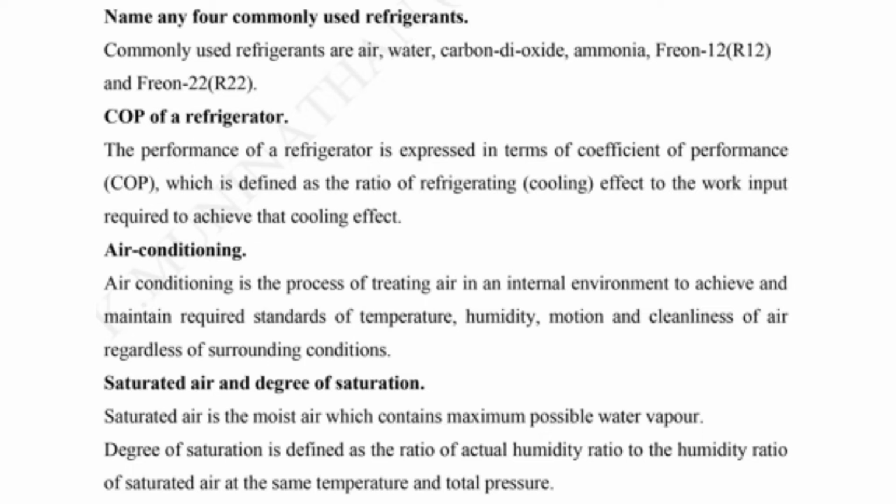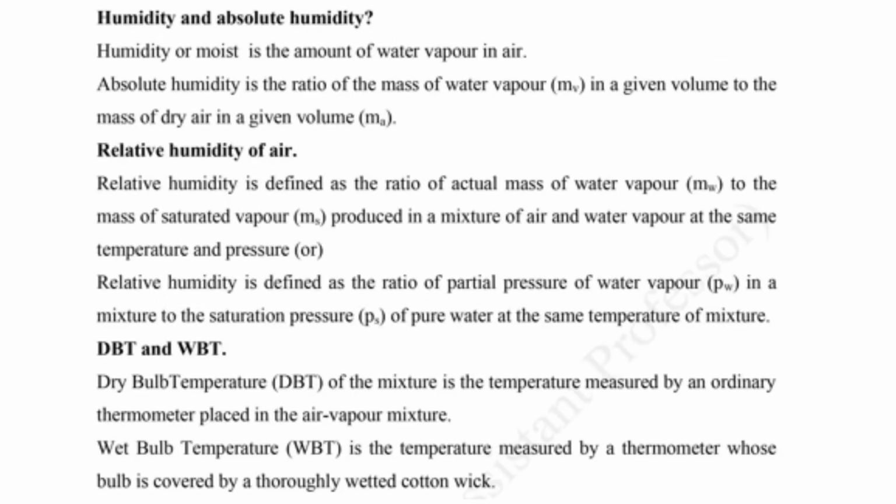Saturated air and degree of saturation. Saturated air is the most moist air, which contains the maximum possible water vapor. Degree of saturation is defined as the ratio of actual humidity ratio to the humidity ratio of saturated air at the same temperature and total pressure.